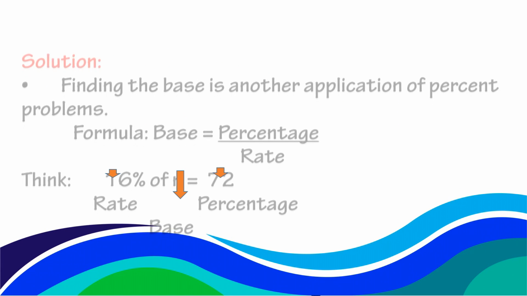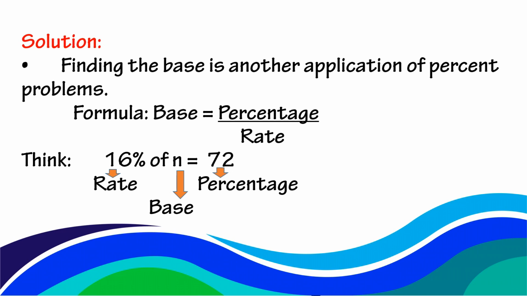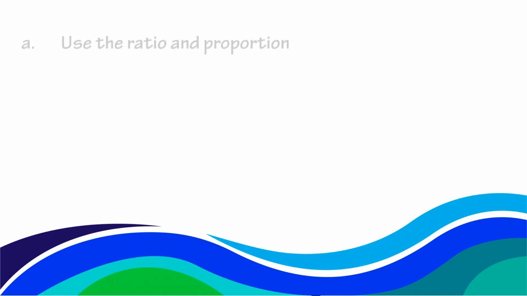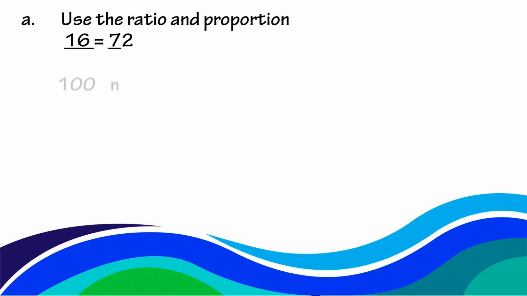So, the solution: our formula is base equals percentage over rate. Our rate here is 16%, and we will find the base. Our percentage is 72. We also have three ways.